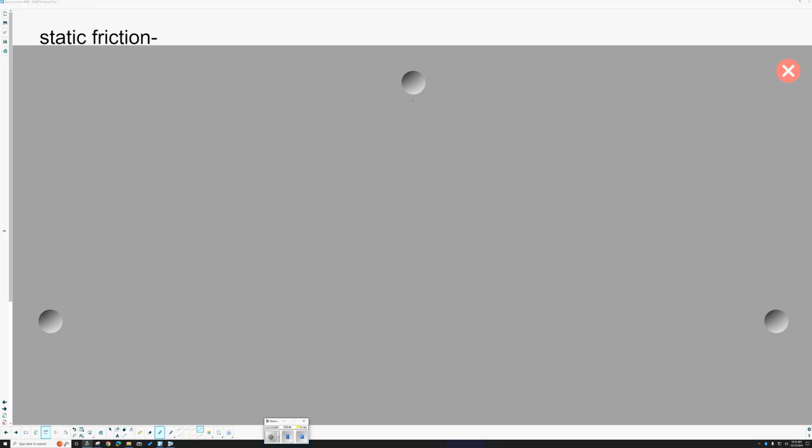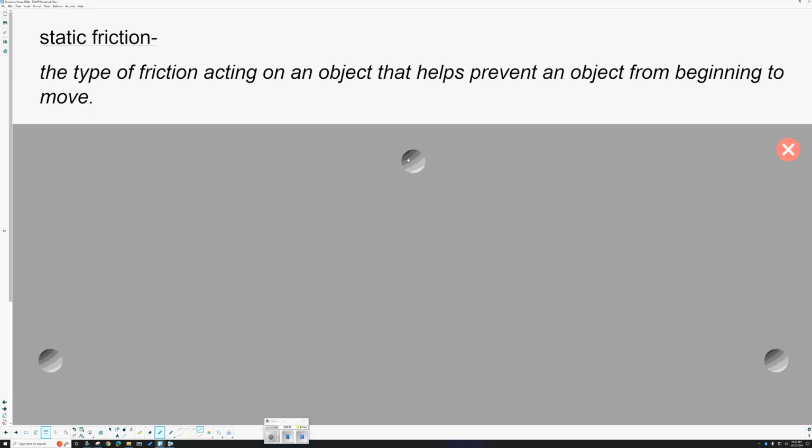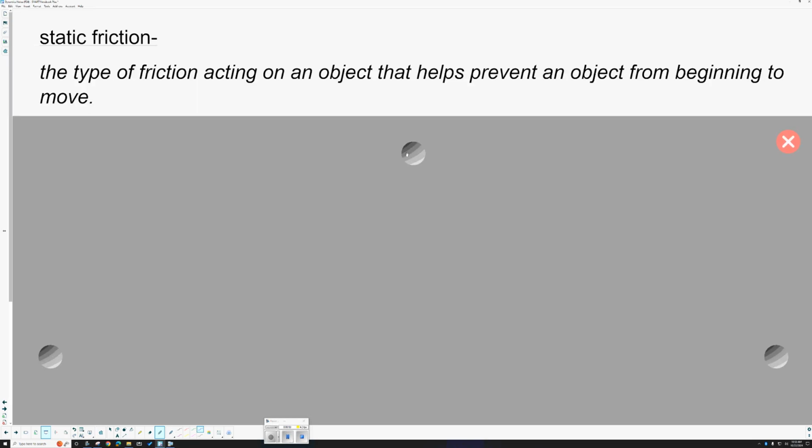So we're going to define static friction as that type of friction, that force of friction acting on an object that helps prevent the object from beginning to move in the first place. So if an object is at rest, you have to overcome static friction to get it moving, and then it becomes kinetic friction that's acting on it as it's moving.